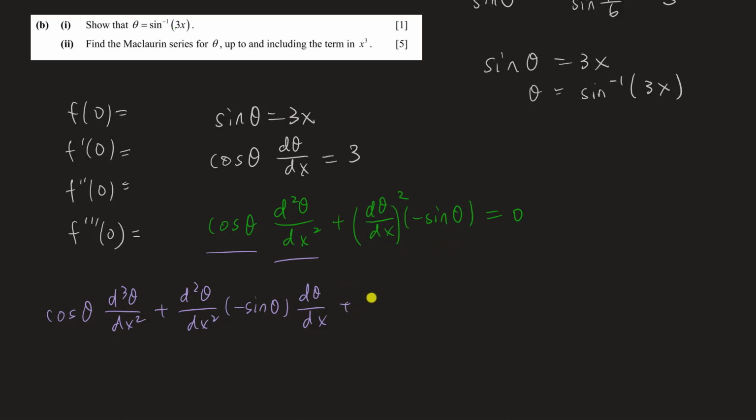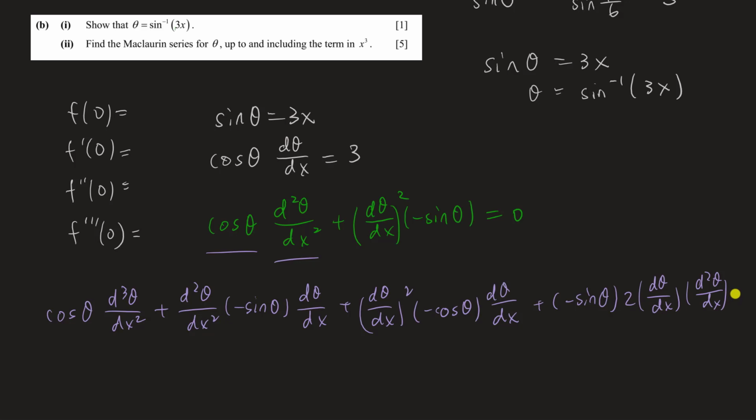You will get hold this, differentiate this, plus hold this, differentiate this, power minus 1, followed by differentiation of the inside, and then the right hand side equals to 0. So let's just go back and unravel these values.